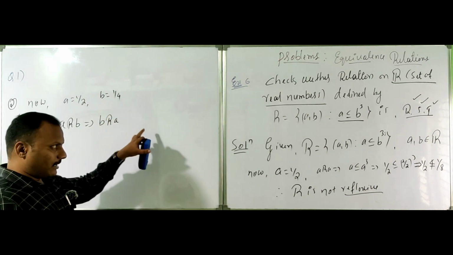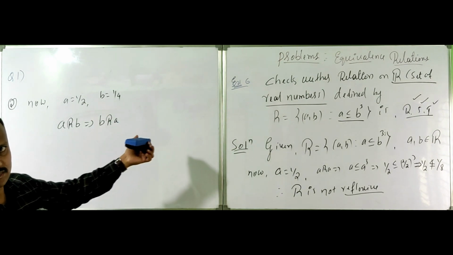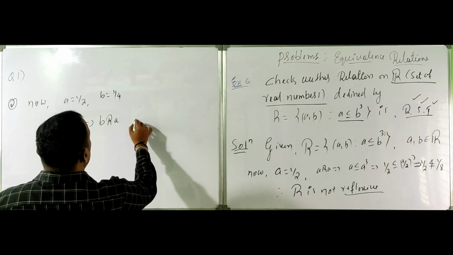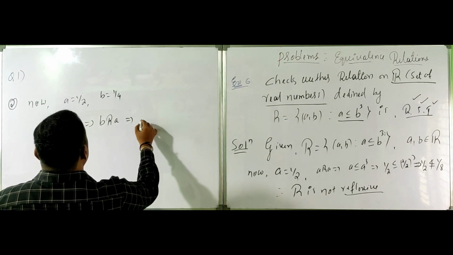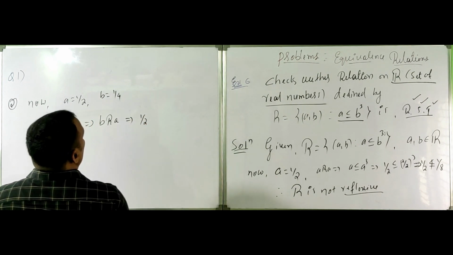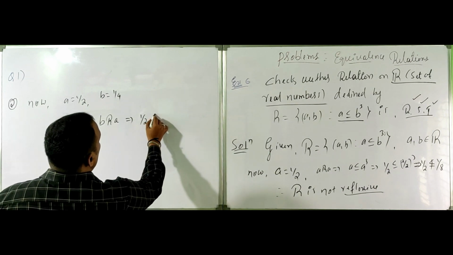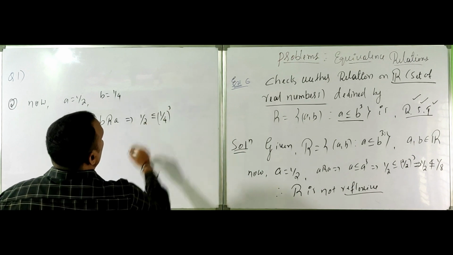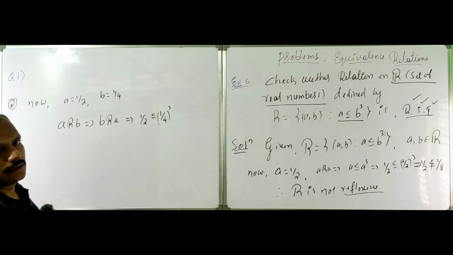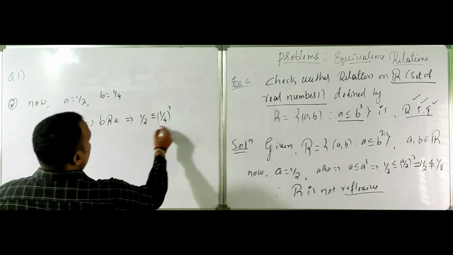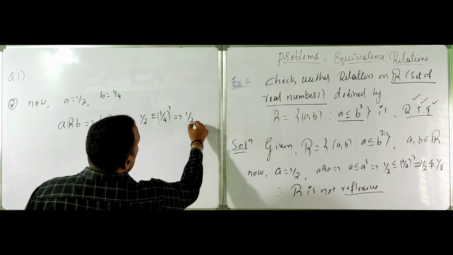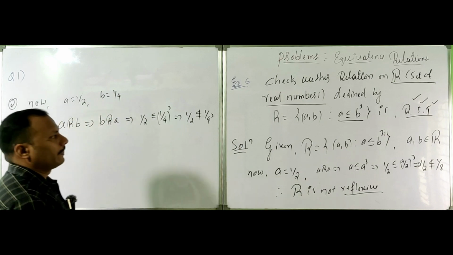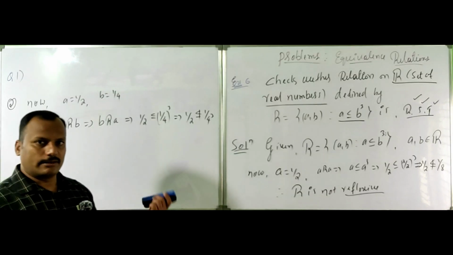If the answer is correct, I have to change the values. Then this implies 1/2 is less than or equal to (1/4) cube, right? This implies 1/2 is not less than or equal to (1/4) cube, because 1/2 is greater than (1/4) cube.